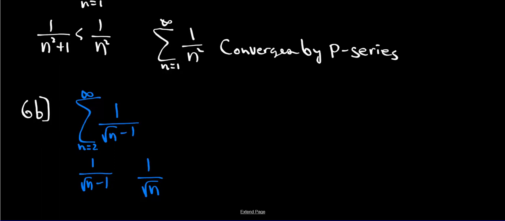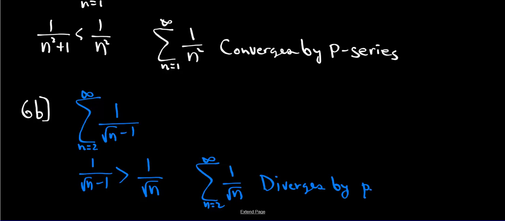Now, 1 over the square root of n is less than 1 over the square root of n minus 1. It's less than. And this series right here diverges by p-series.